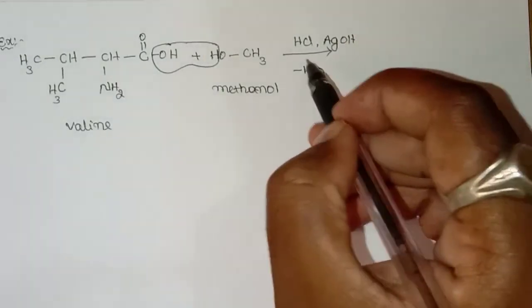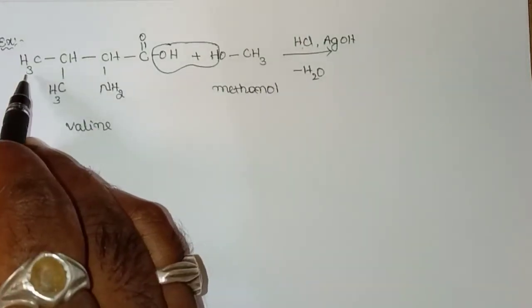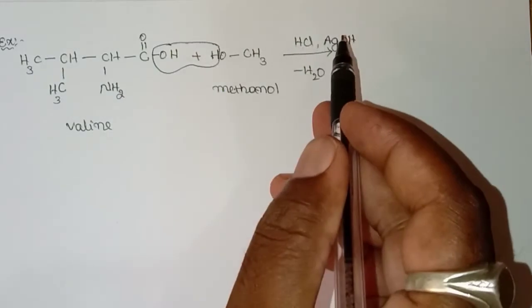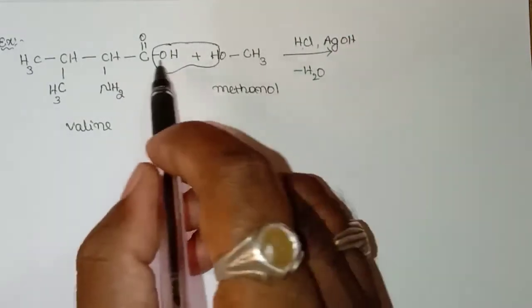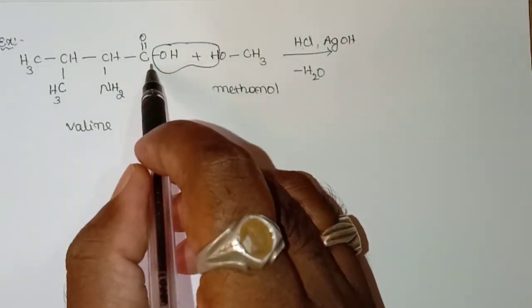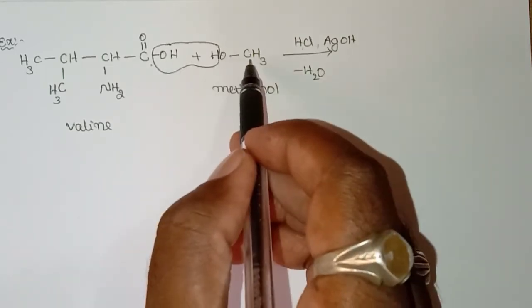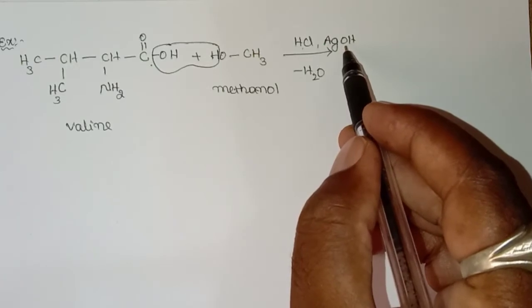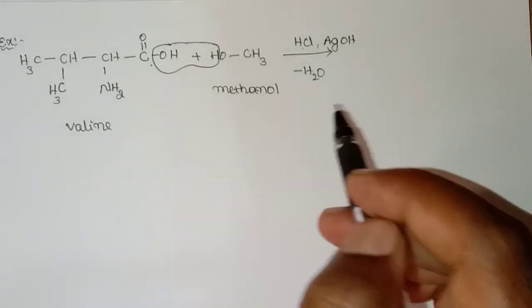In presence of HCl, initially this NH2 will pick up the HCl so as to form the corresponding hydrochloride. Then the carboxylic end of the amino acid will react with the alcohol so as to form the corresponding intermediate. Once again, with reaction of AgOH, the final product will be obtained.